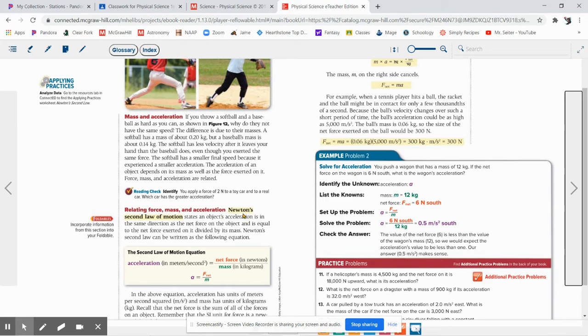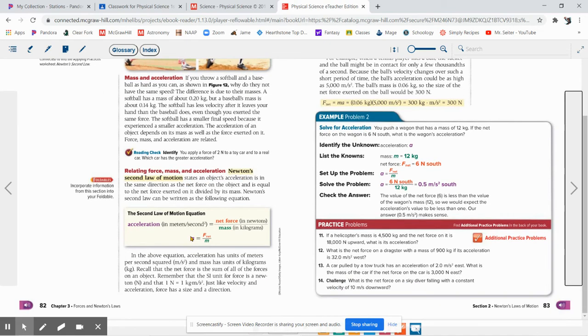Relating force, mass, and acceleration. Acceleration equals the force on an object divided by its mass. I like to write it as F equals ma instead of a equals F over m. But when we go to do the problems, I'll show you this in the homework.